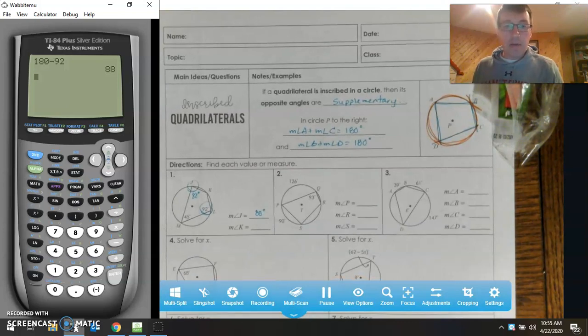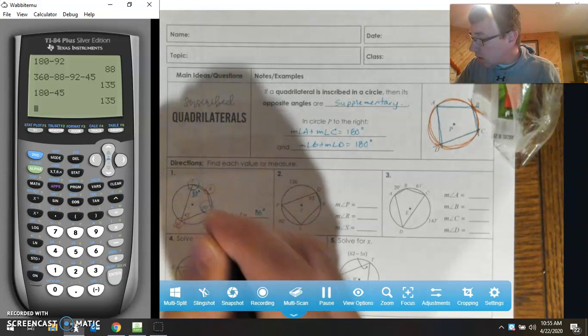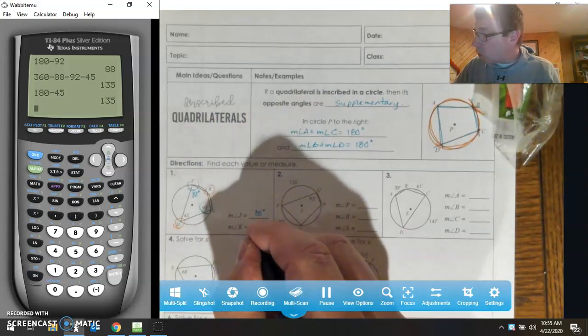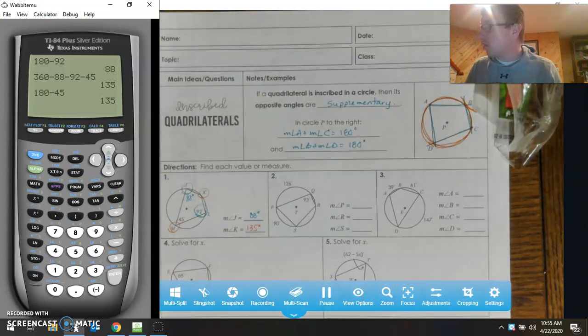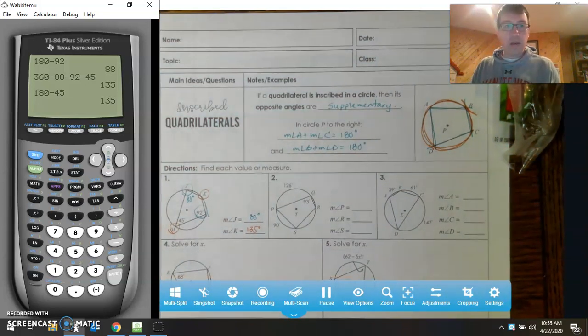Because JKLM is a quadrilateral, you could go 360, subtract 88, subtract 92, and subtract 45, and get your answer of 135 for angle K. Or you could say 180 minus 45, because angle K and M are opposite angles. So I know this angle here will be 135 degrees. Okay, so that's where that comes from there.